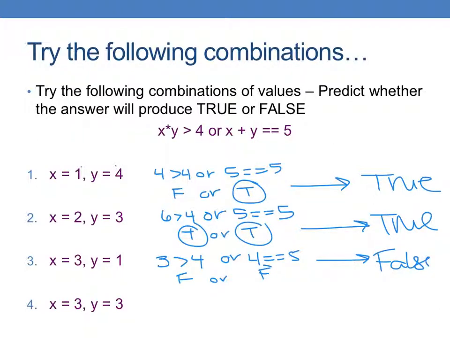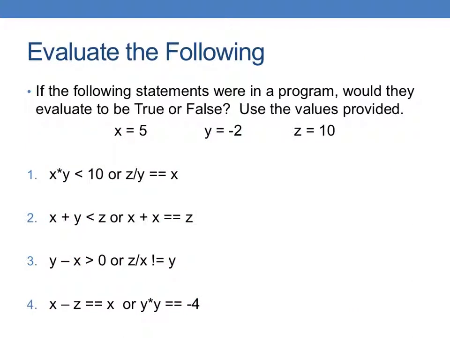There's nothing true in there, so it can't evaluate to be true. And then the last one here, we have 9 is greater than 4, or 6 equals 5. So here we have a true or a false, and because one of them is true, the entire thing evaluates to be true. So see the slight differences between and or complex conditionals.